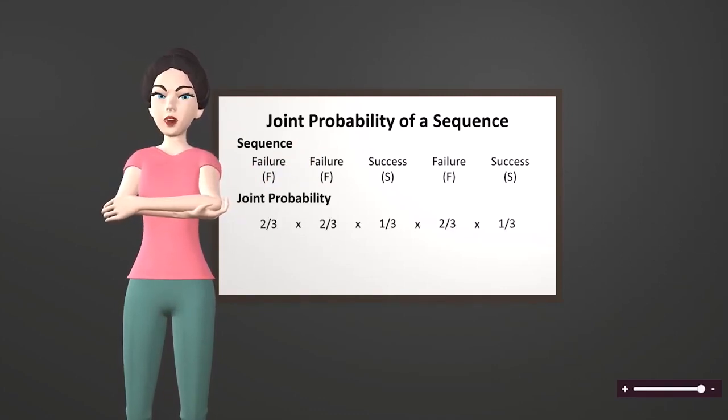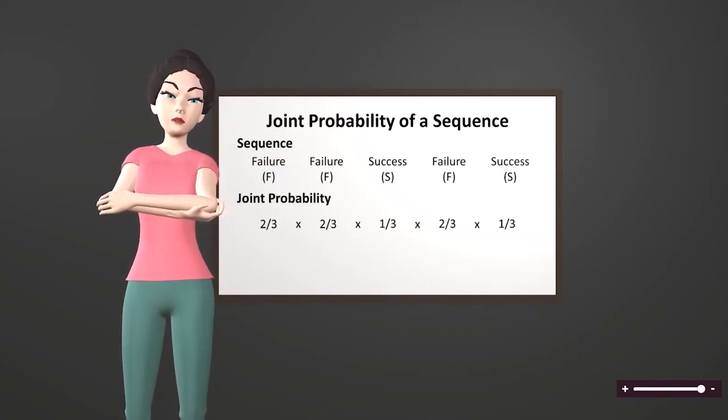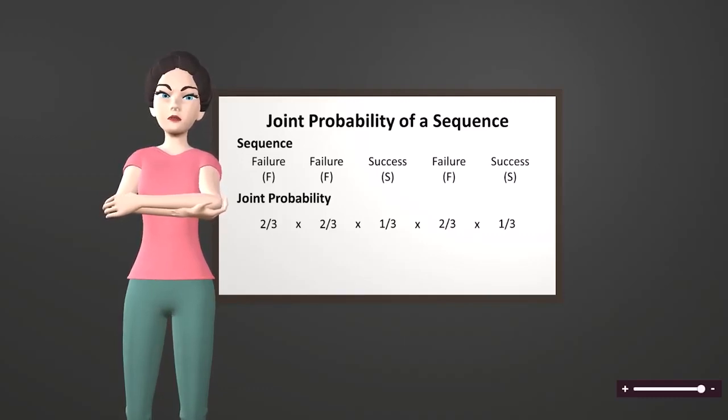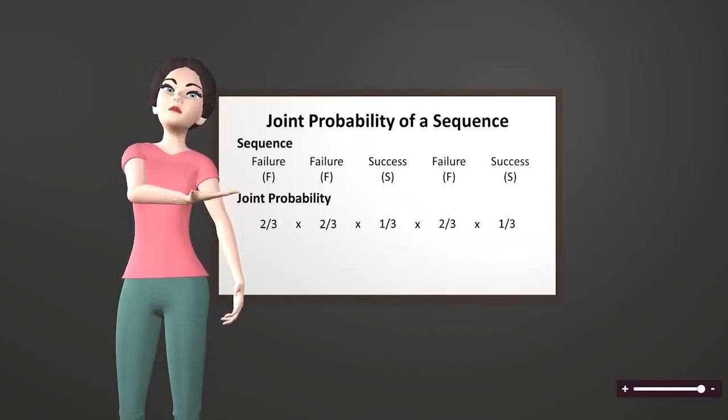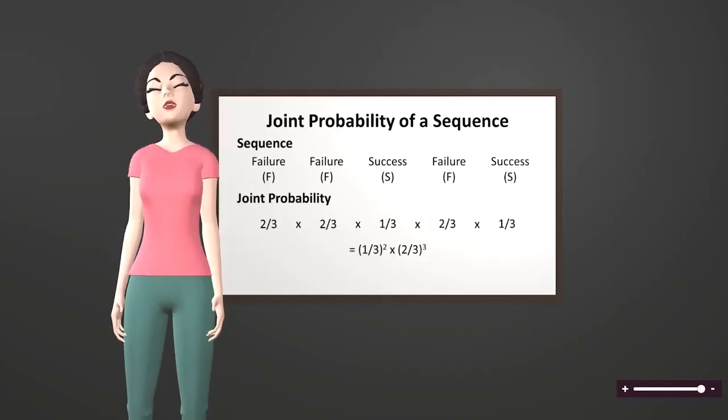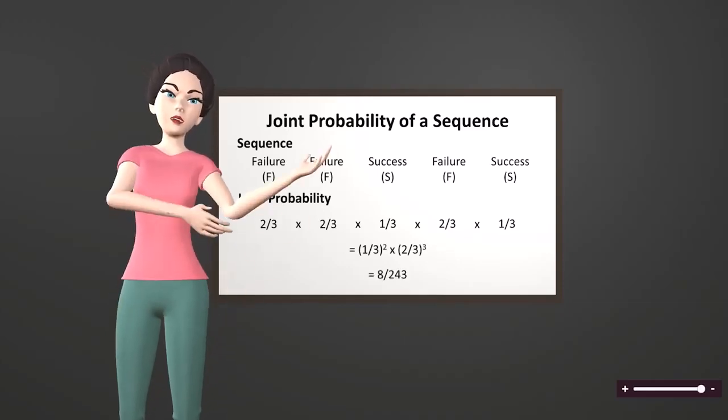So we get 2/3 for failure times 2/3 for failure times 1/3 for success, times 2/3 for failure, times 1/3 for success. We can also write this as 1/3 squared times 2/3 cubed. So the joint probability of this particular sequence occurring is 8 out of 243.